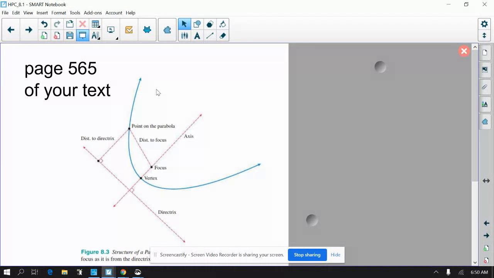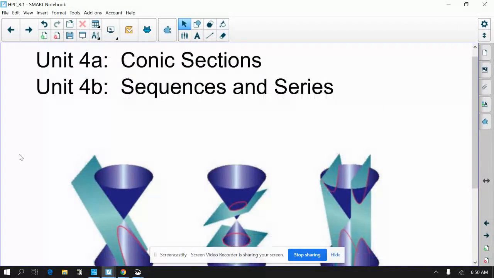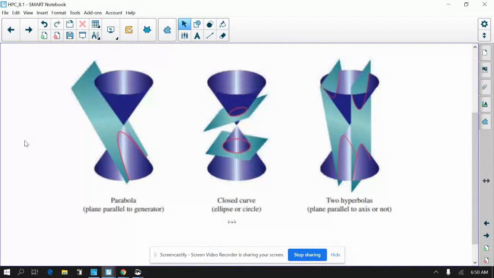This is actually taken from page 565 of your text, and let me back up one page here. This section is called conic sections. If you imagine 2 inverted cones and then take a cross section, you get 4 conic sections. If you take a cross section right here, you get a parabola.